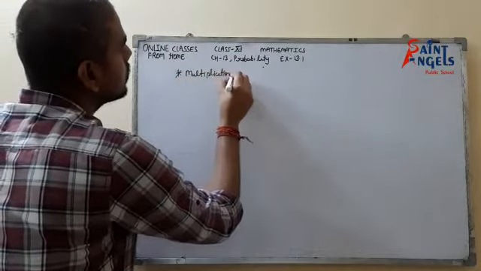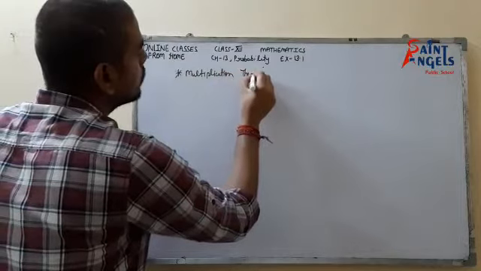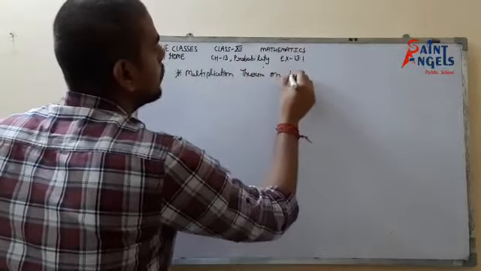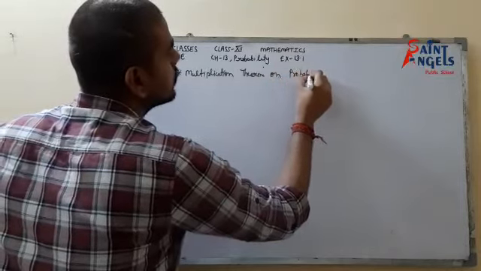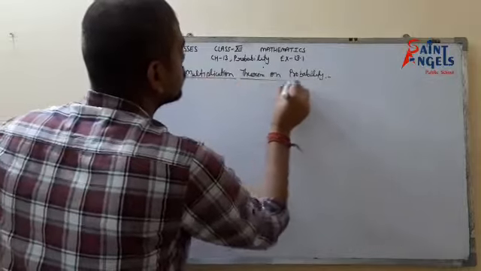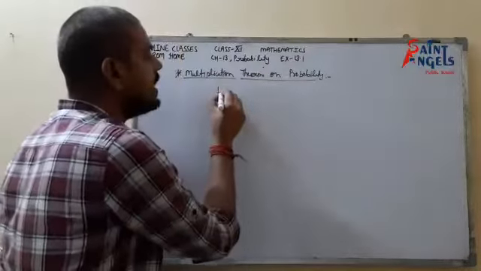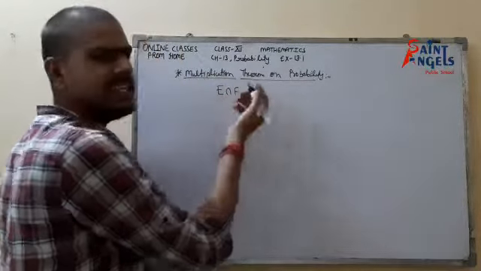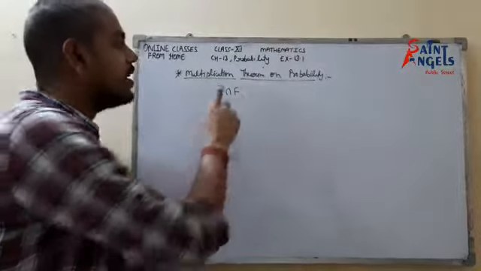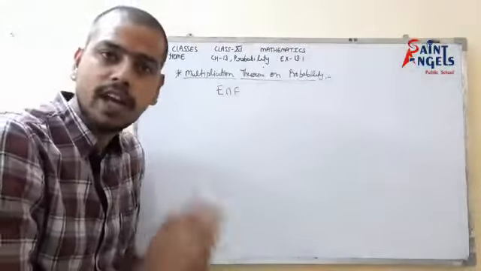Multiplication theorem of probability, on probability, as you wish to say. Okay. So what does E intersection F depict? It means that event E and event F both are happening, both are occurring.